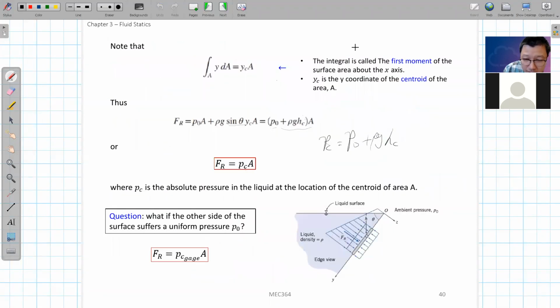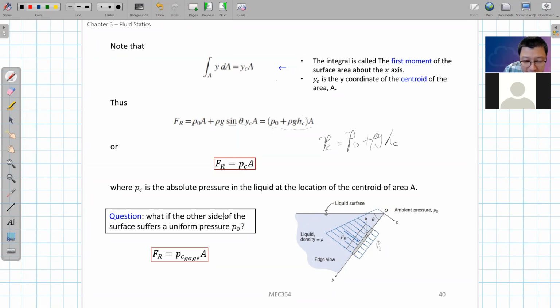But if this is the water gate of a dam, and the right hand side also has a P0 pressure, then we calculate this F of R as if you have the P0 on the right hand side, so the left hand side pressure is reduced by this P0 because they cancel each other. So the net pressure force is given by the overall resultant pressure.